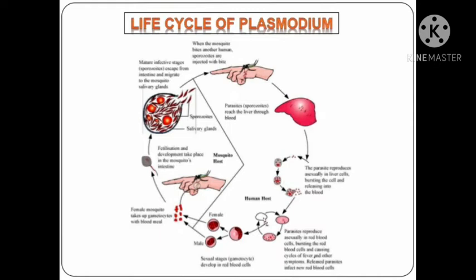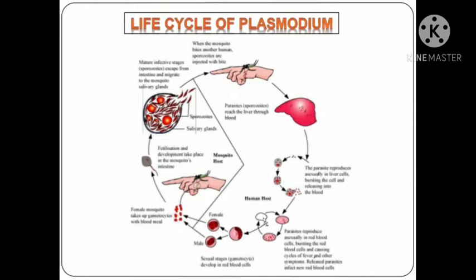The rupture of the red blood cell produces a substance called hemozoin, which is responsible for the cold, chill and fevers. From here, the parasites affect other RBCs, where they produce the gametocytes, which is the sexual phase of the Plasmodium.